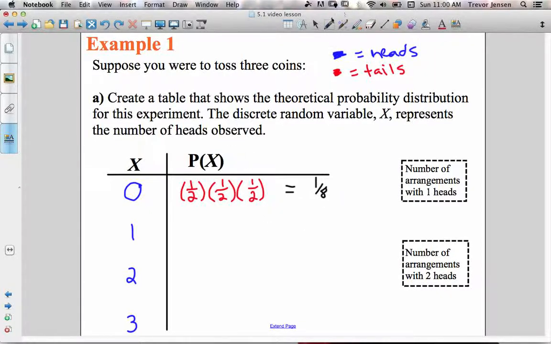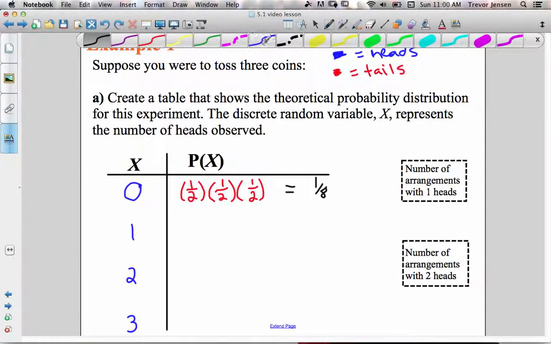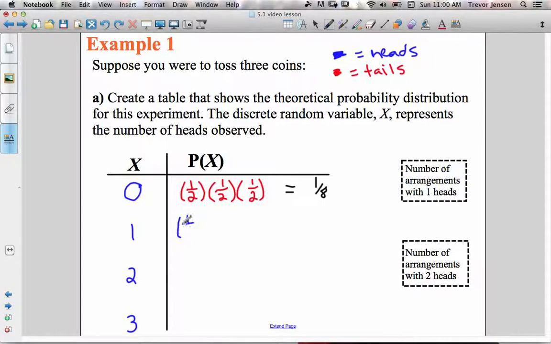Okay, now I want to find the probability that one of my flips is heads. So that would mean I need to have one of my coins be heads. So what's the probability the first coin I flip is heads? It's 1 out of 2.